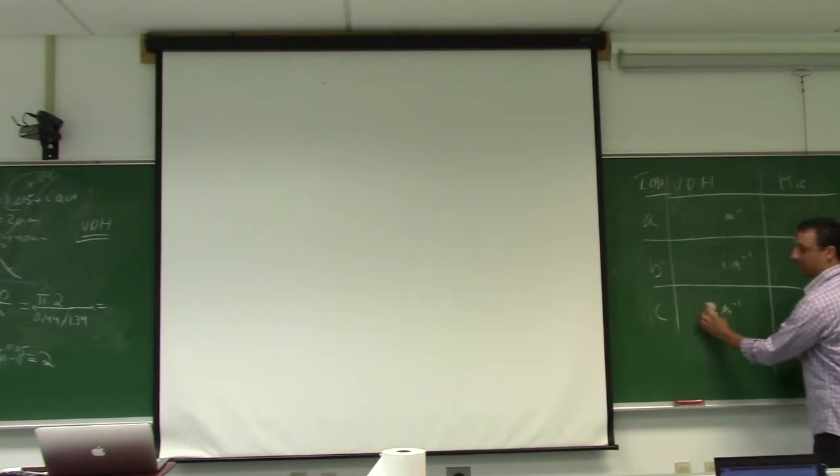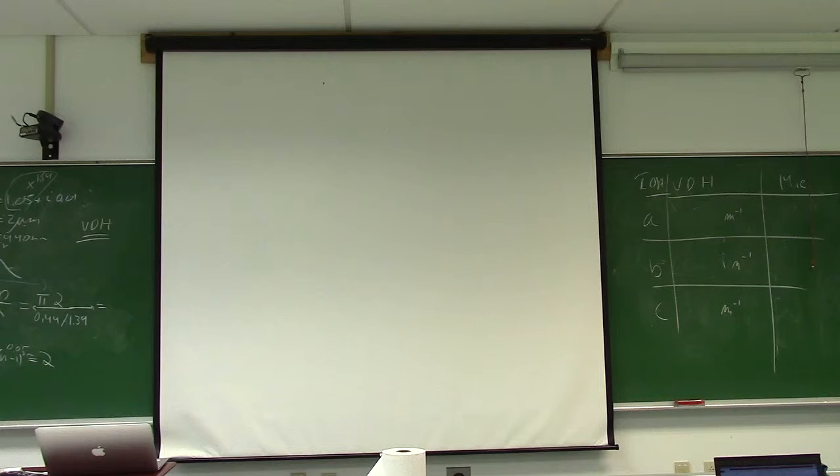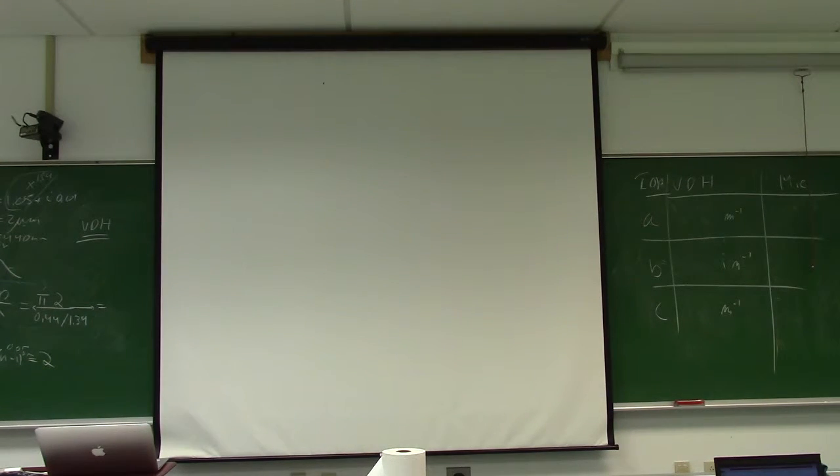So can you tell me, Ivana, what you got for QA? 0.389. 0.39, okay. QB? 1.15. And together, 1.54. Okay. Is this more consistent? 0.39, 1.15, 1.54.